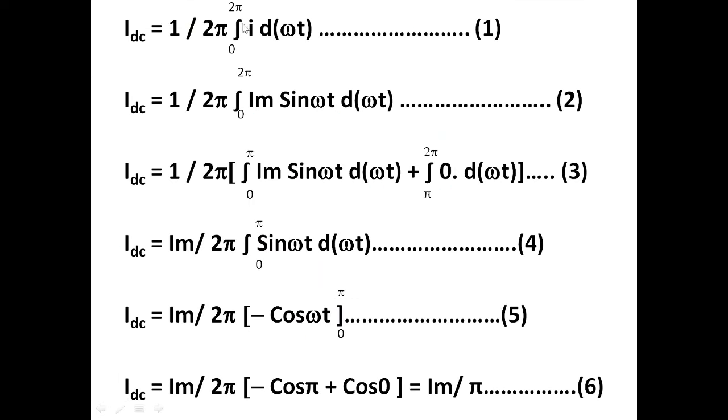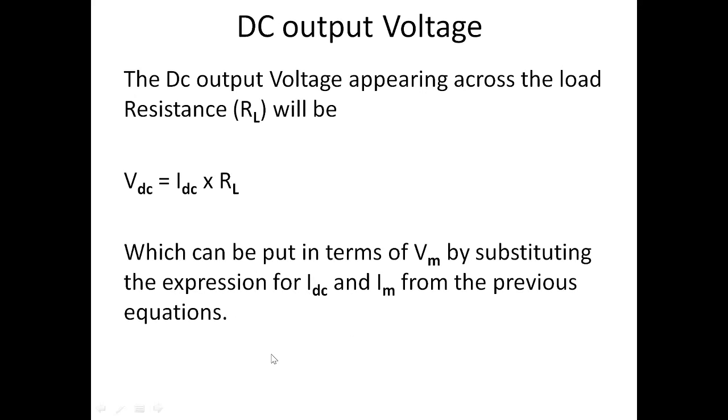If we break this into 2 parts, 0 to pi and pi to 2 pi, we can see that I is available between 0 to pi, and I is not available from pi to 2 pi. Solving this equation, we can see IDC turns out to be Im by pi.